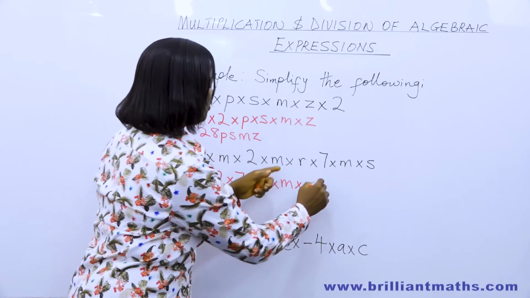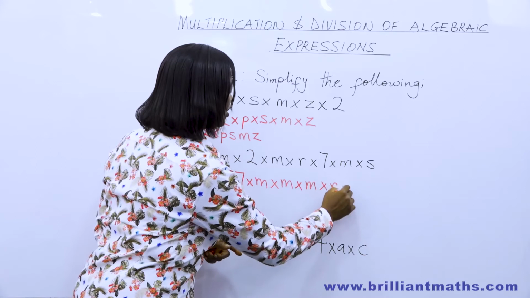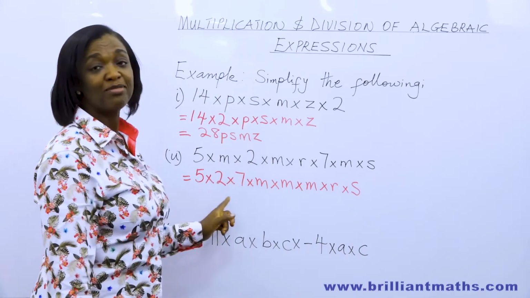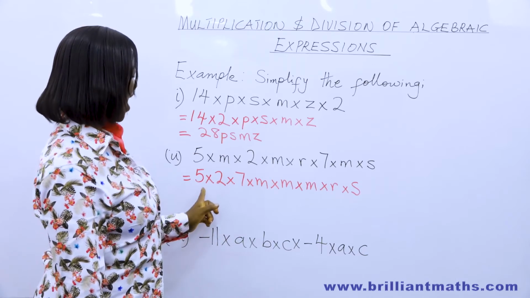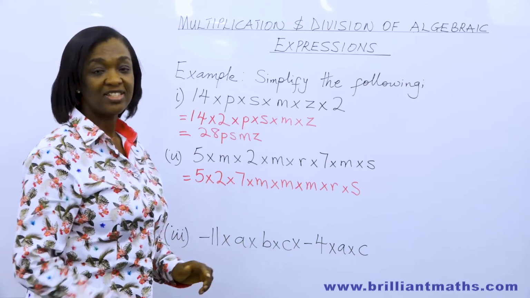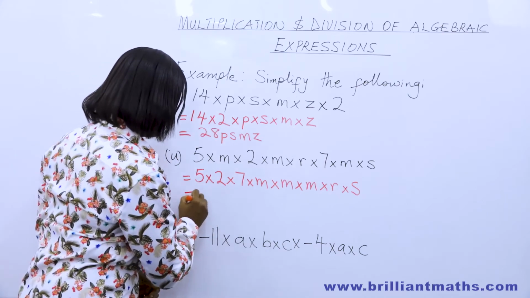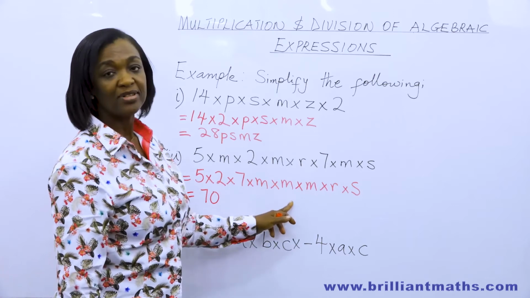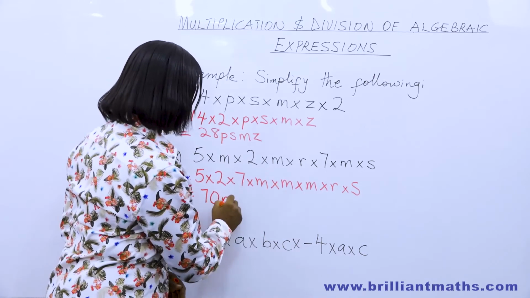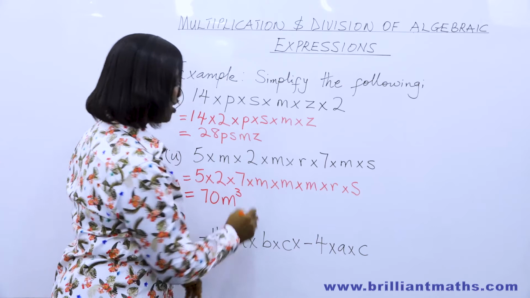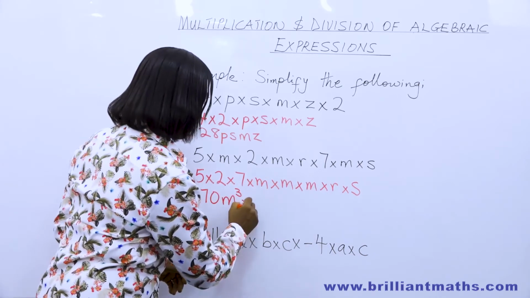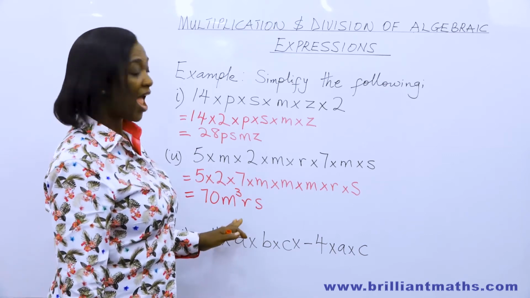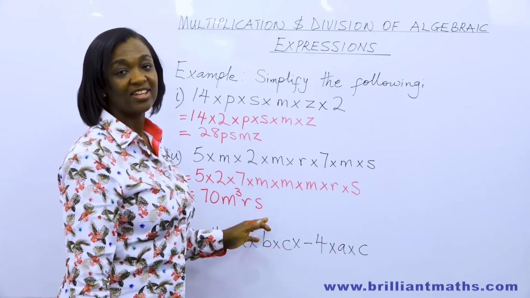Times m times r times s. So 5 times 2 is 10, and 10 times 7 is 70. So we have 70. M times m times m is m to power 3. And then rs. So the answer is 70 m cubed rs.